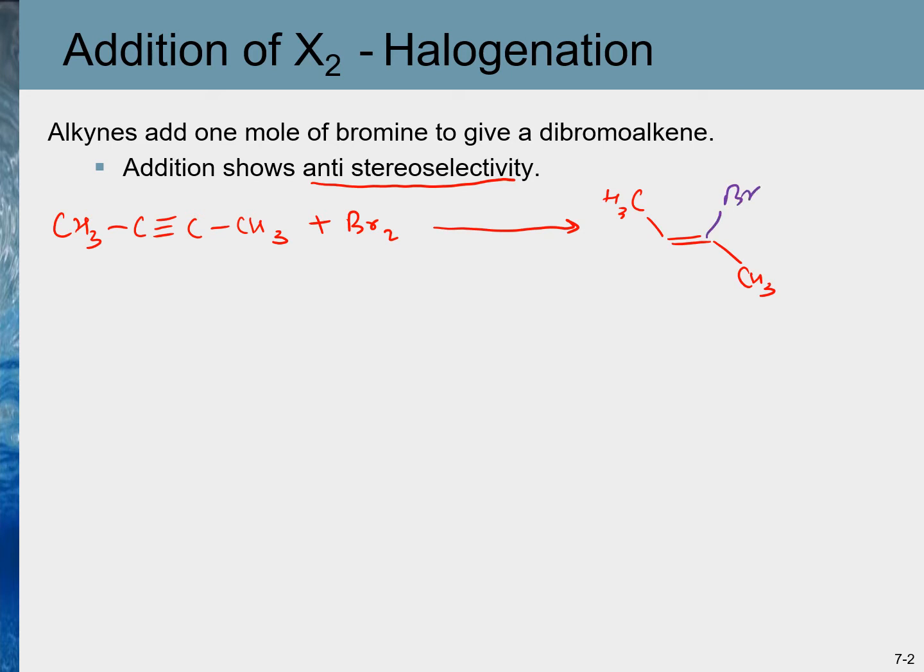So one Br will be up here, the other one will be down here. So this is anti-stereoselective addition. This reaction takes place in presence of acetic acid and lithium bromide. Chlorine also undergoes similar addition, but it is slightly less stereoselective than bromine addition.